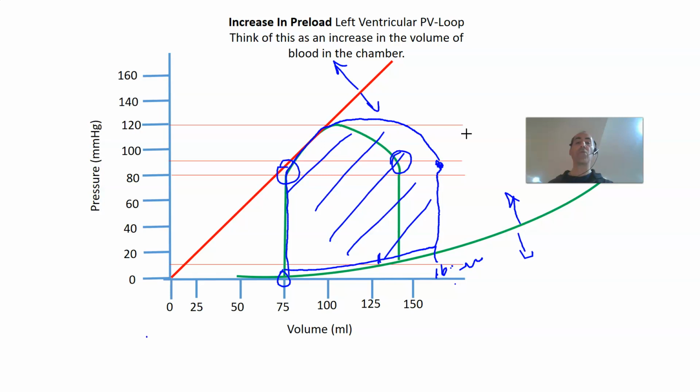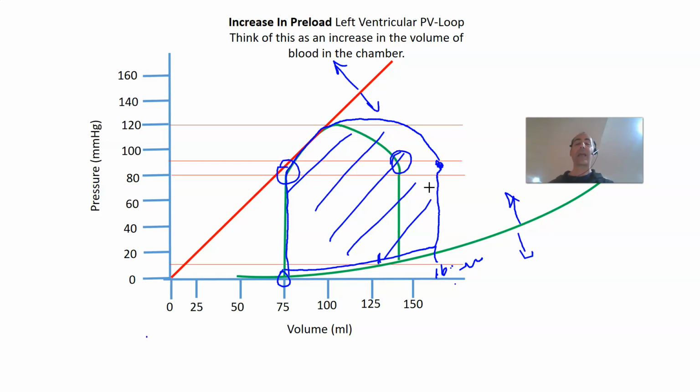So if you bring in more fluid, more has to go out and everything resets. The reason that happens is because of an additional piece of information: there's a greater overlap in the myosin and actin when there's more blood in the chamber. There's a greater stretch on the heart.